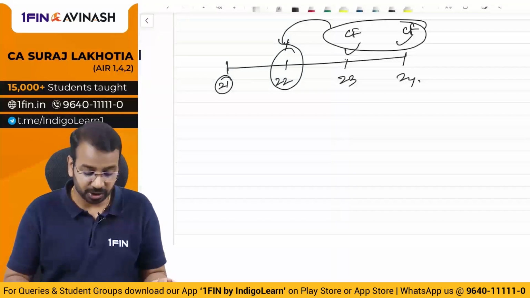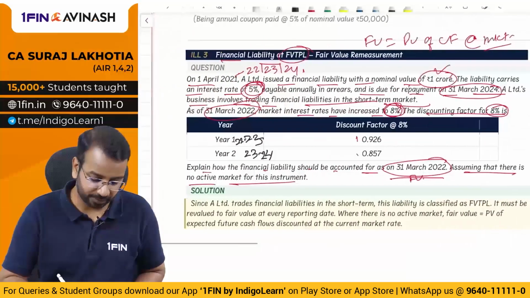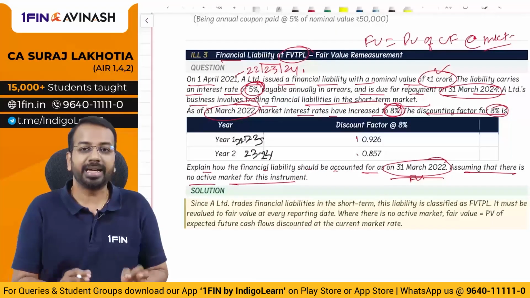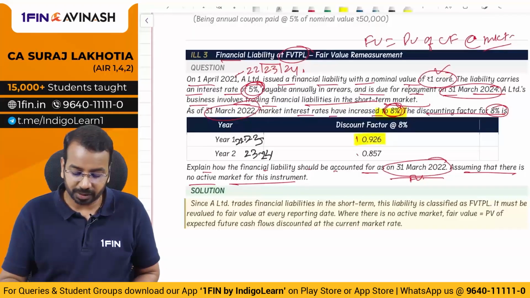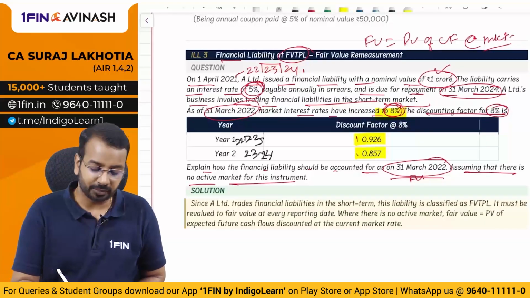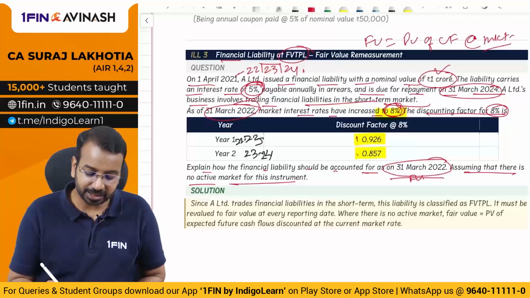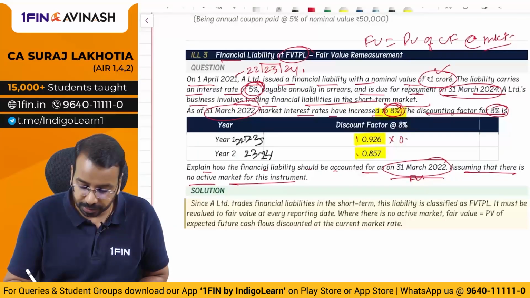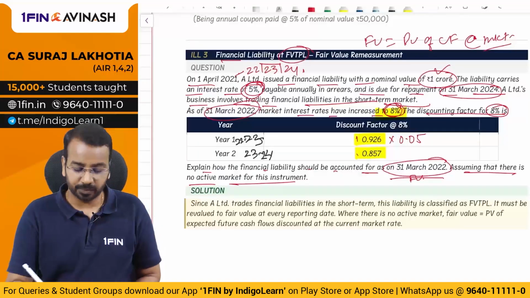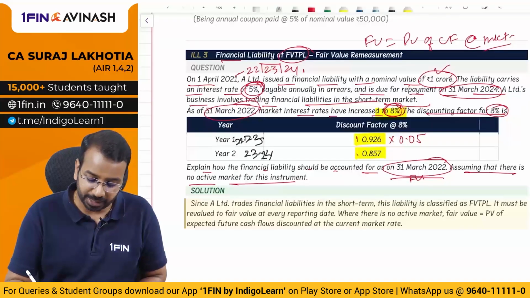So, discounted at which rate? Originally, the rate is 5%, but for fair value, we take the current market rate. Current market rate is 8% and discounting factors are 0.9286 and 0.857. So, in the next year, what is the cash flow? 5% of 1 crore, 0.05 crores. And after that, how much will we pay in the next year?